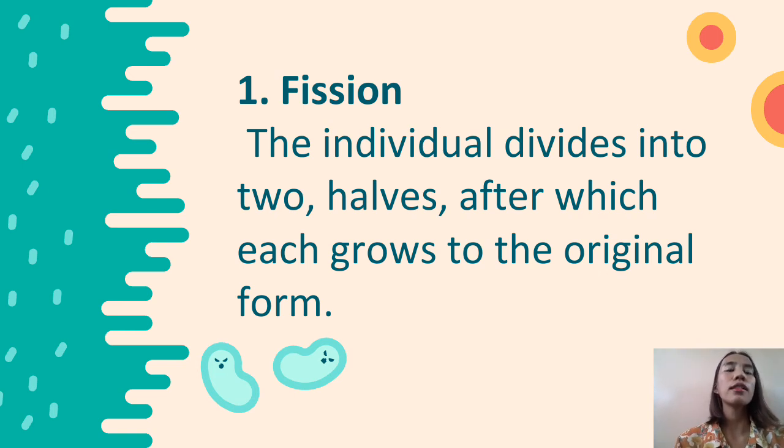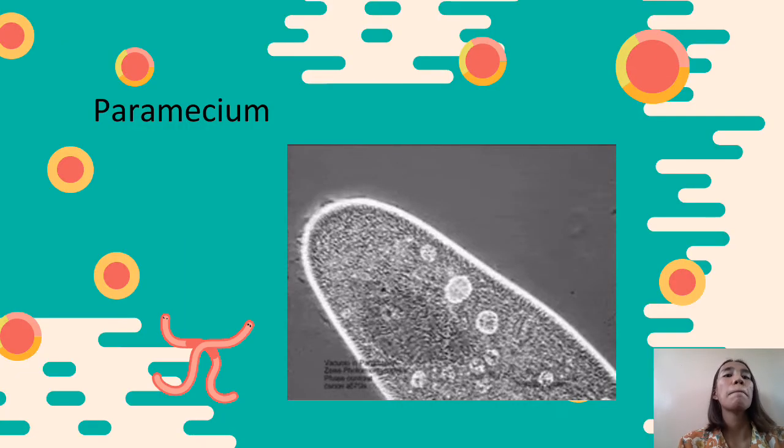Okay? In this case, in asexual reproduction, the individual divides into two halves, after which it grows to the original form. So the example of this is paramecium.